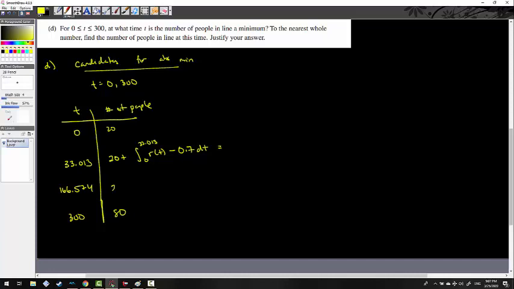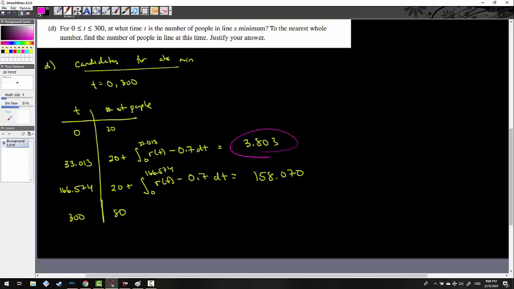And then this is going to be 20 plus the integral from 0 to 166.574 of the rate in minus the rate out. And those are going to get me numbers that look like this. Once you put it all in the calculator, you should get 3.803. And then this will become 158.070, making this guy your local minimum.